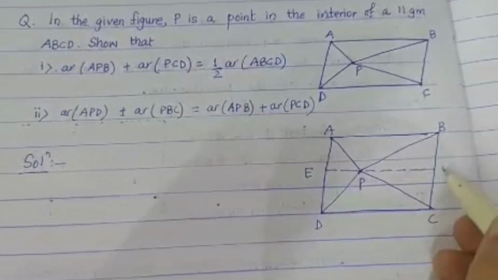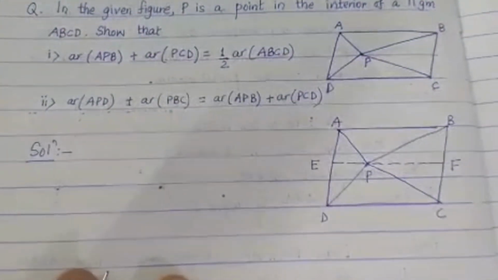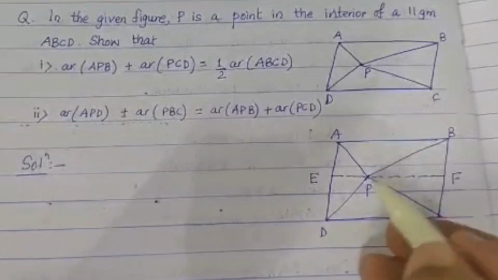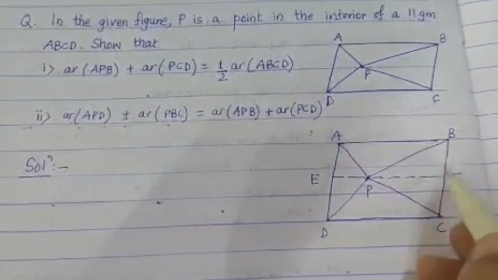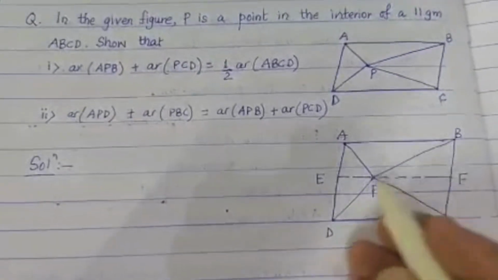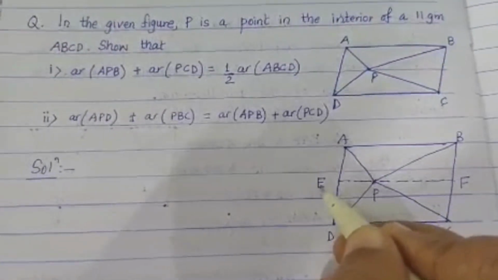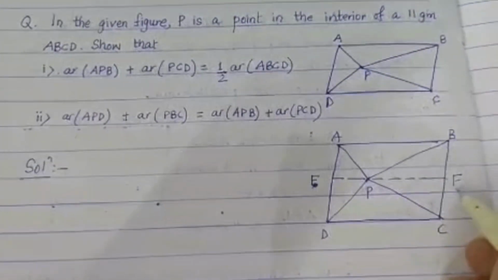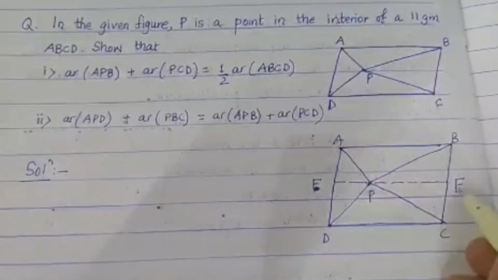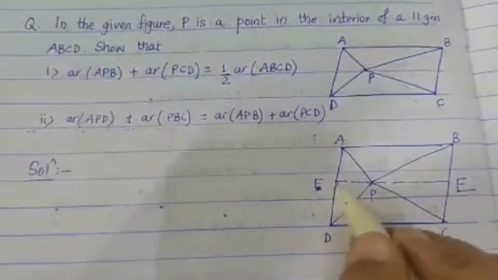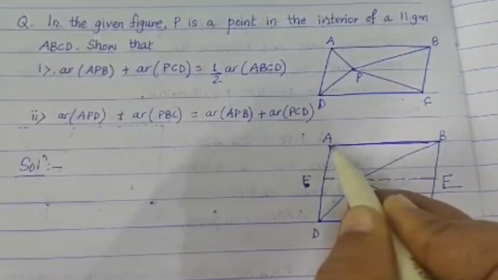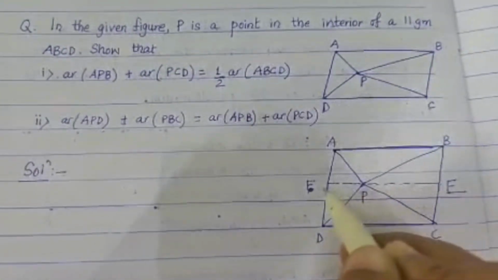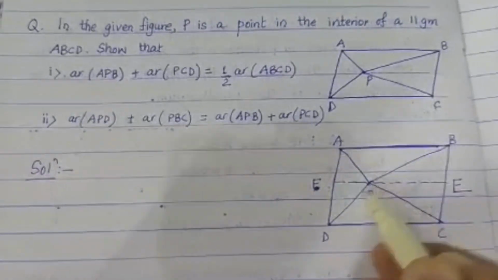Let us suppose this is EF. Now you see this ABEF, where this is E and this is F. AB is the common base of this parallelogram ABEF and this triangle ABP.